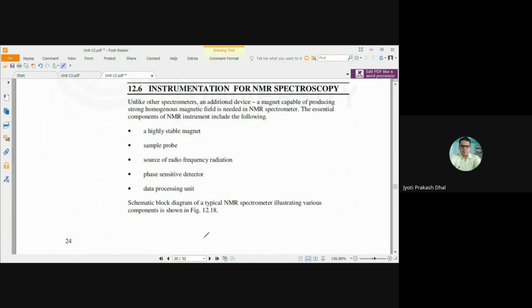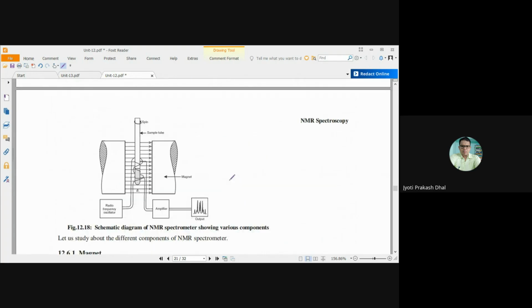Now coming to the instrumentation for NMR spectroscopy. The essential components of the NMR instrument are a highly stable magnet, sample probe, source of radio frequency radiation, phase sensitive detector, and data processing unit.